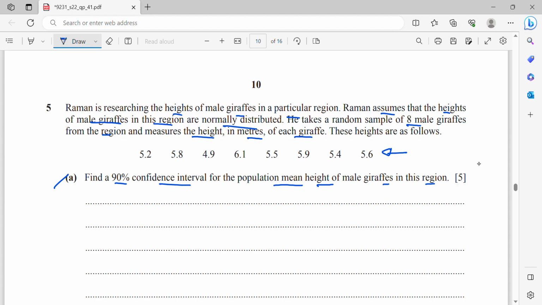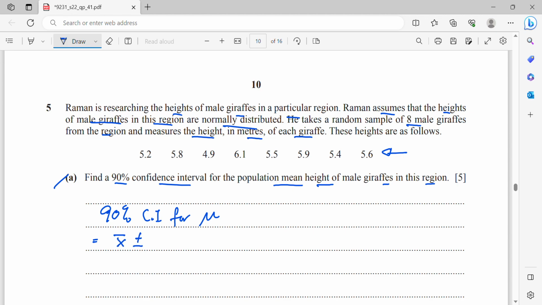So from here, right, 90% confidence interval for the population mean. Population mean is basically mu. Our formula is x bar plus minus.